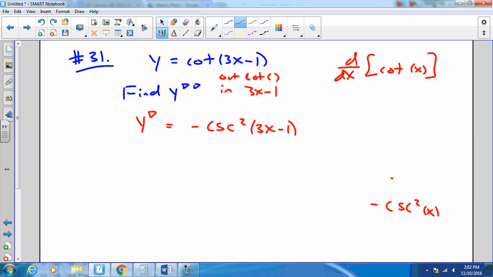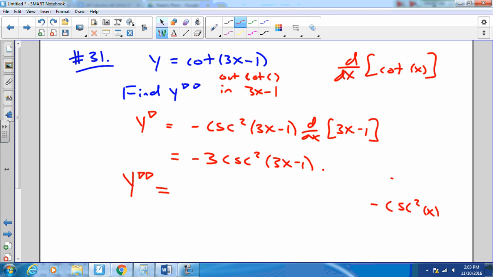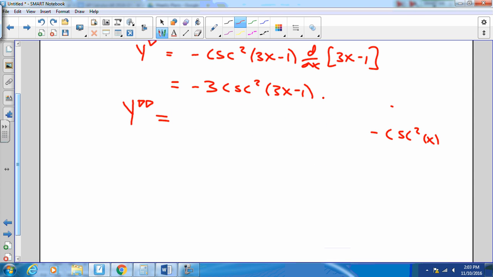And y prime is therefore equal to negative cosecant squared of 3x minus 1, and then the derivative of the inside, which is 3. So it's 3 times negative cosecant squared of 3x minus 1.